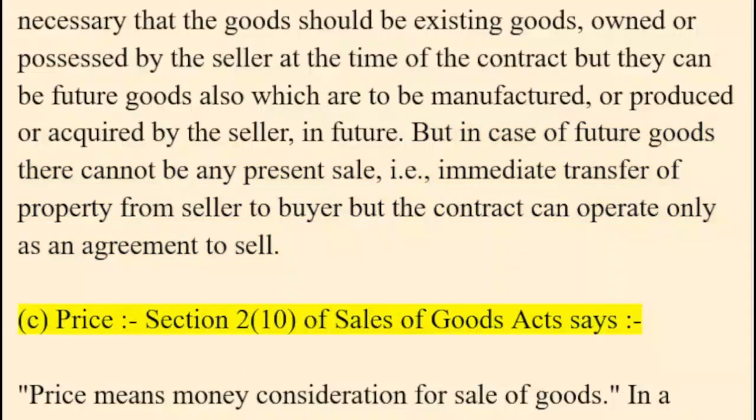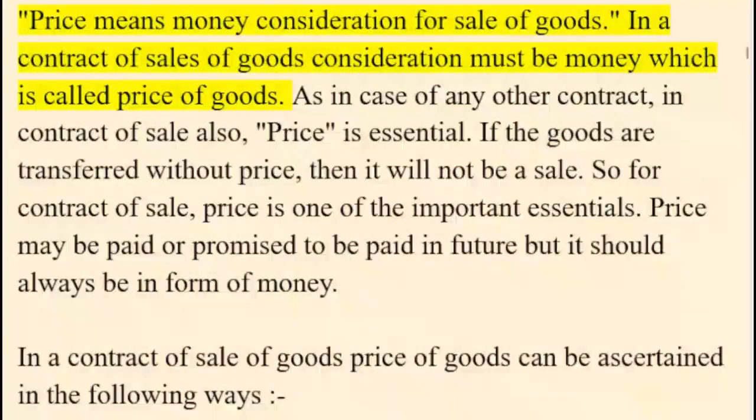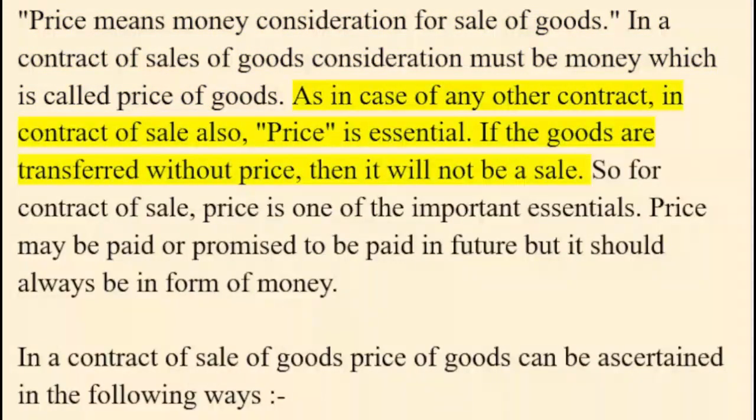See Price. Section 2(10) of the Sale of Goods Act says, price means money consideration for sale of goods. In a contract of sale of goods, consideration must be money, which is called price of goods. As in case of any other contract, in contract of sale also, price is essential.